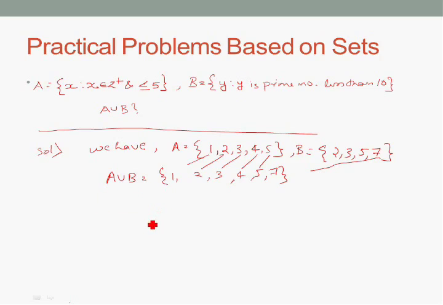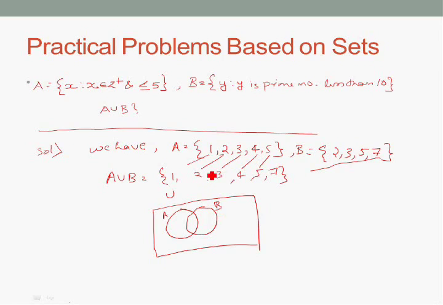Now let us represent the same using a Venn diagram. For that, let's consider the universal set U. This is set A and this is set B. Since A and B have common elements, that is 2, 3 and also 5, they are not disjoint.